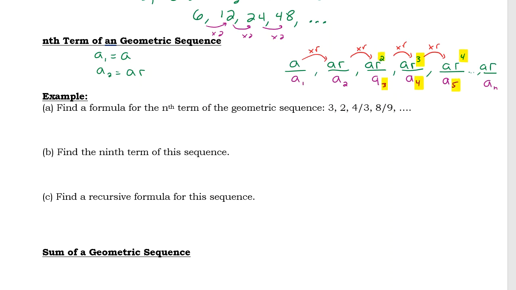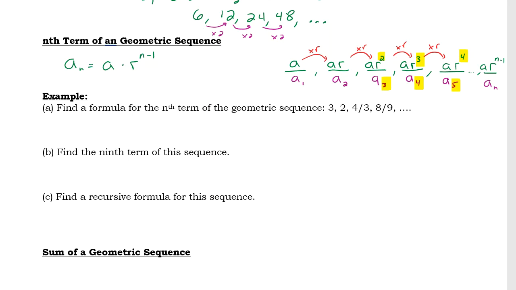The power is 1 less than the term you're on. So if I want the nth term, I'm going to multiply by r to the n minus 1. So that's my general formula: the nth term is the first term times r to the n minus 1.